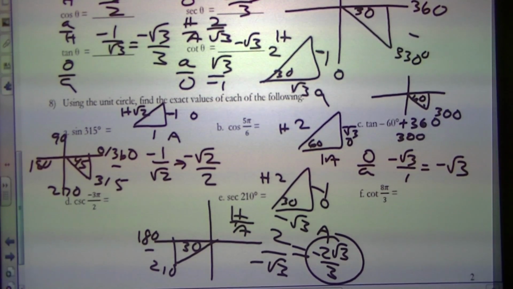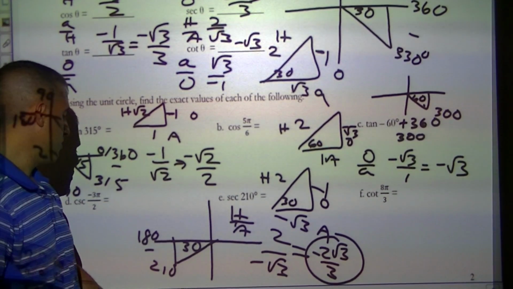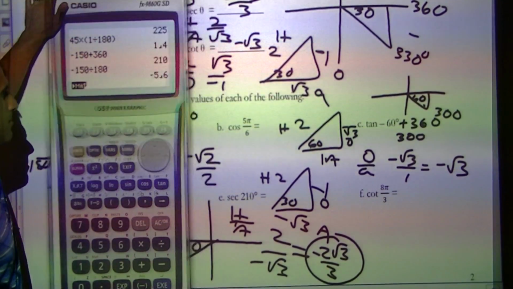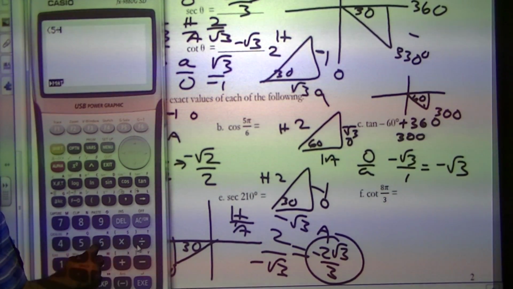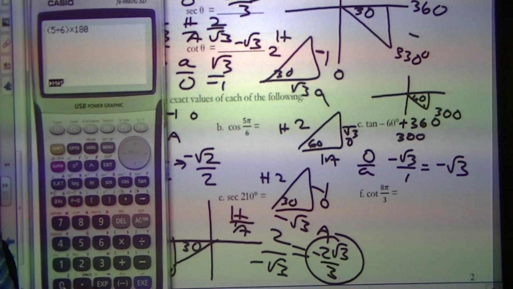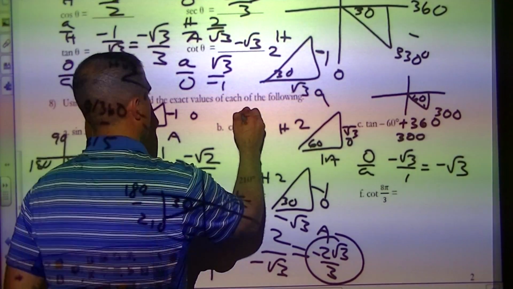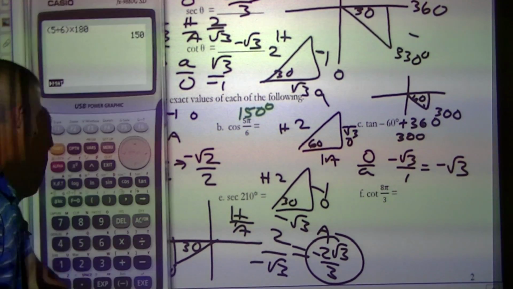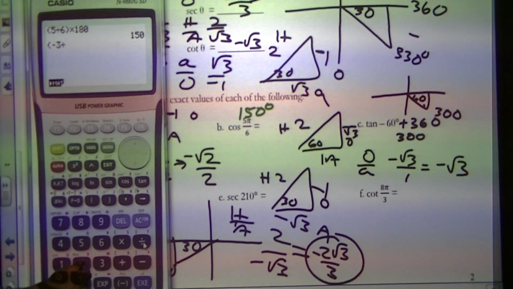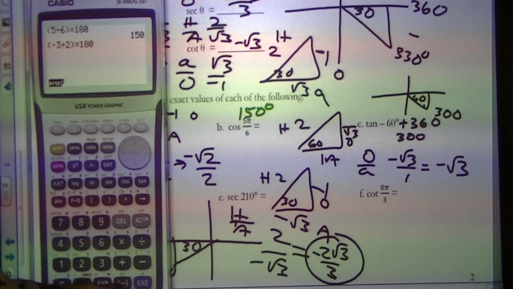Now, for the radian measures, what I'm going to do is take 5/6 and multiply by 180. So that's really 150 degrees. This one, I'm going to do negative 3 over 2 times 180.